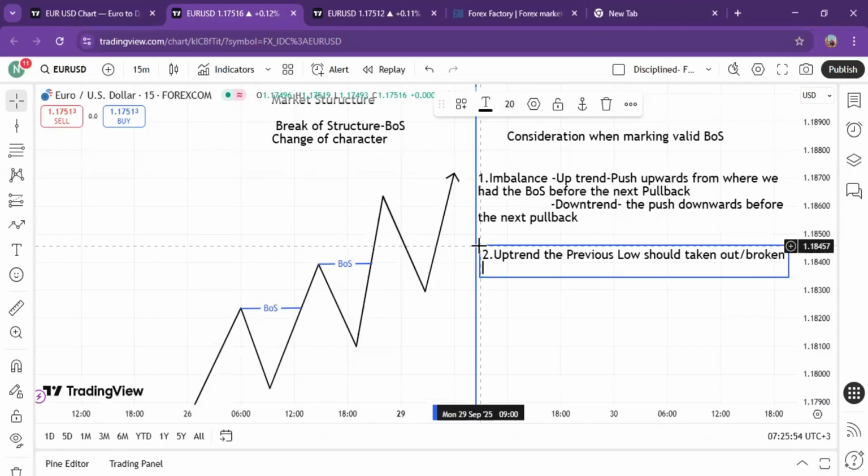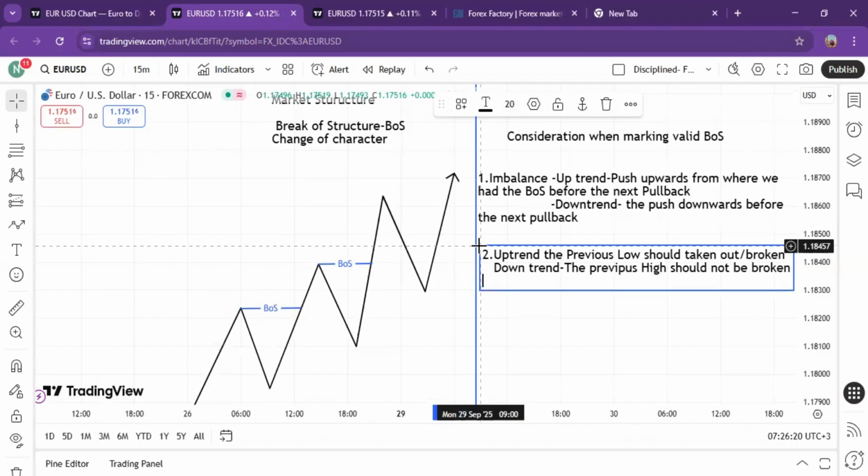While on a downtrend, the previous high should not be broken.